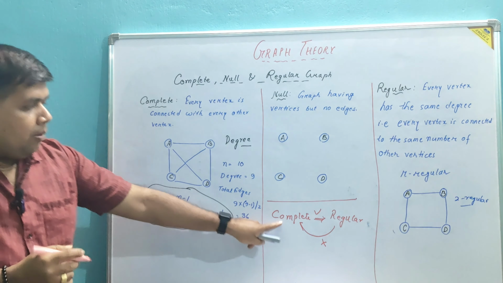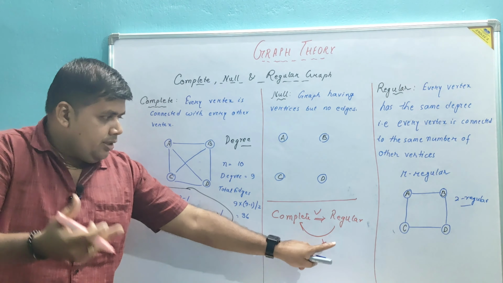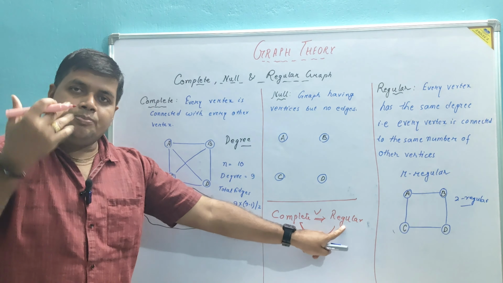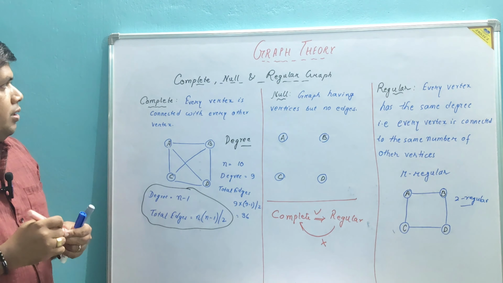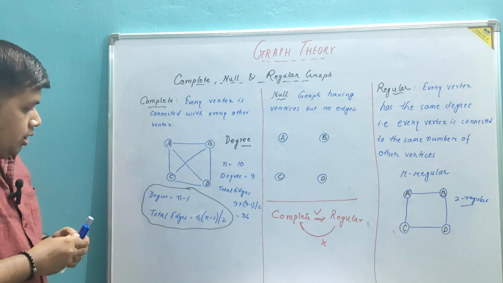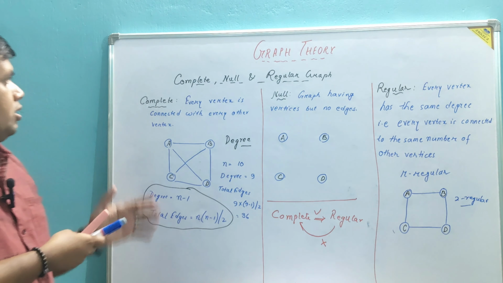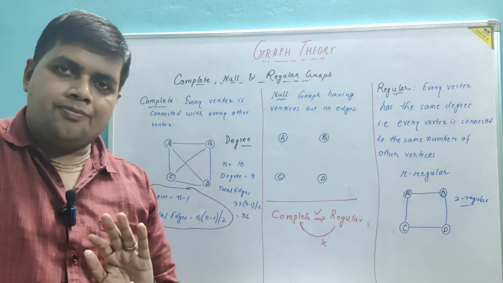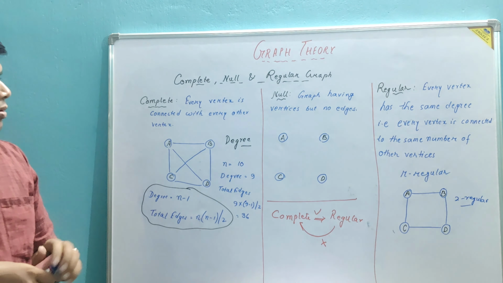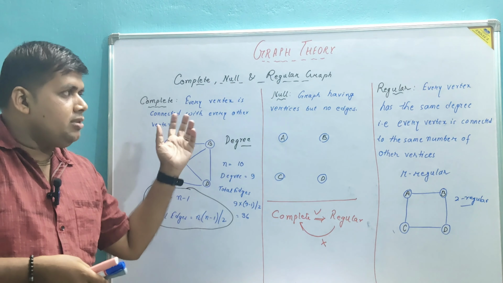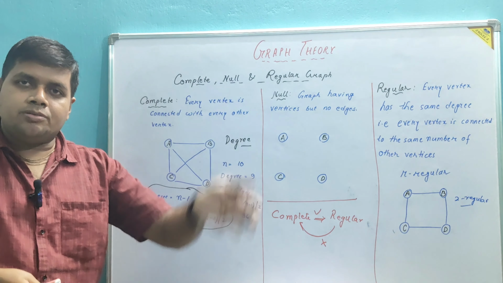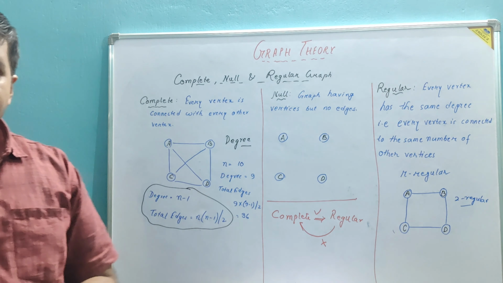So a graph which is complete is always regular, but a graph which is regular may not be a complete graph. So we have to remember this point. With this, we have discussed the complete graph, null graph and regular graph. We will look into different applications of these graphs in subsequent videos. Thank you all. Thank you very much.